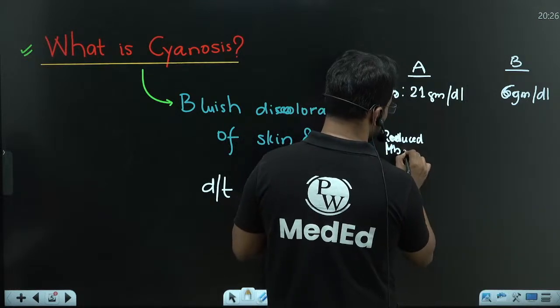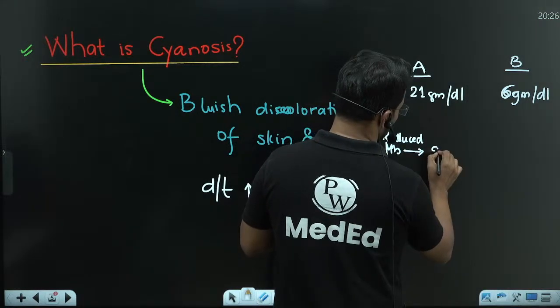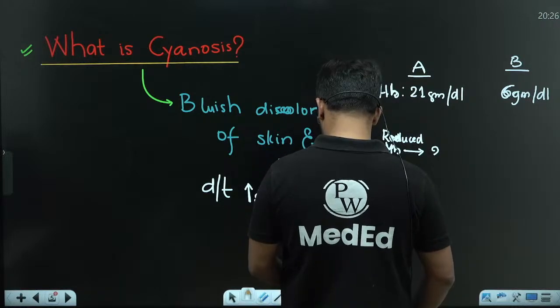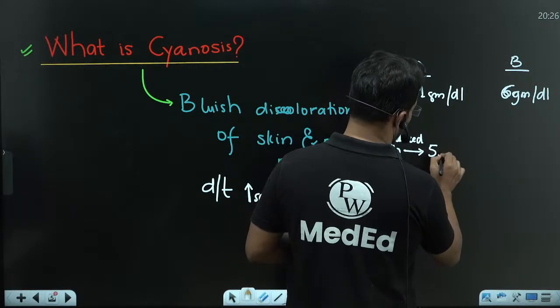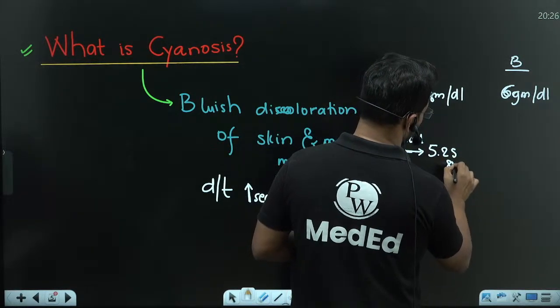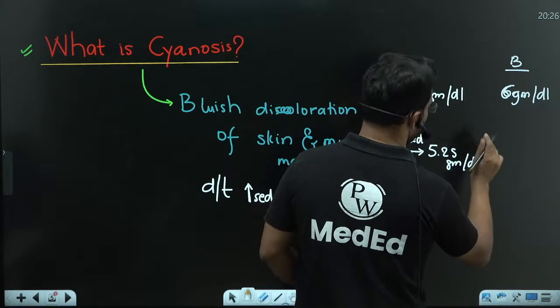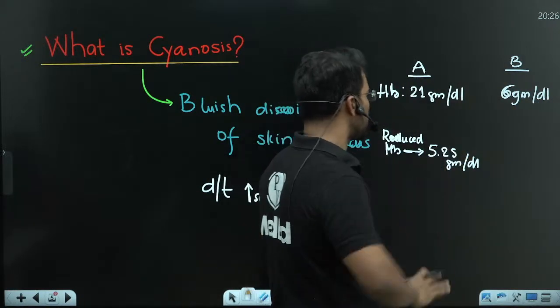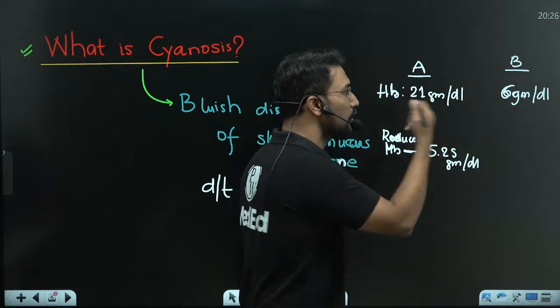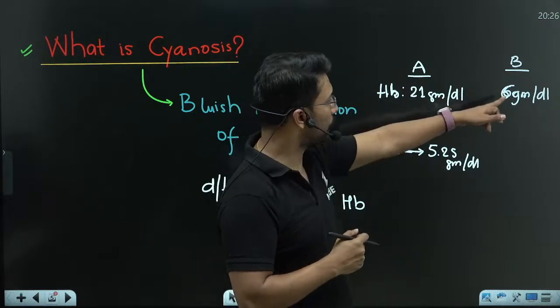That becomes 5.25 grams per deciliter. Patient B also has 25% of hemoglobin in the reduced form. Can anybody calculate what will be 25% of 6?